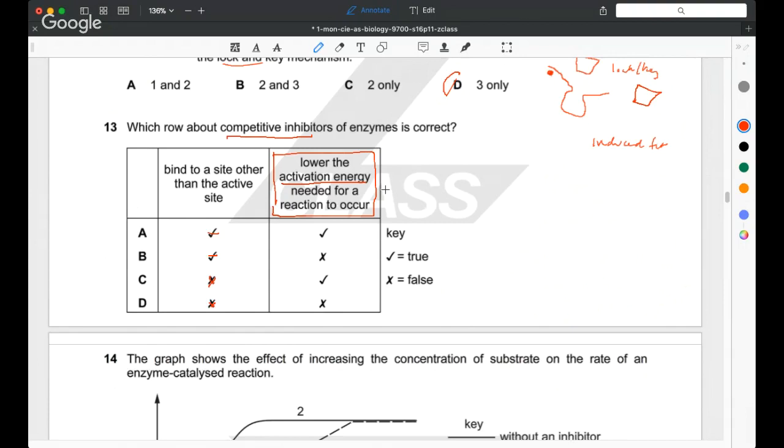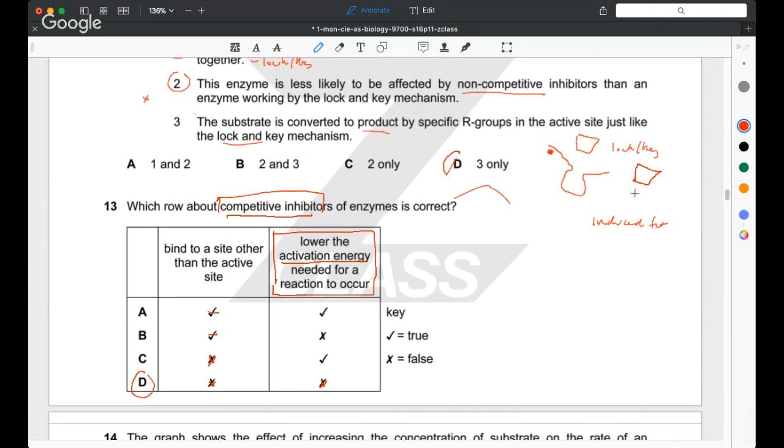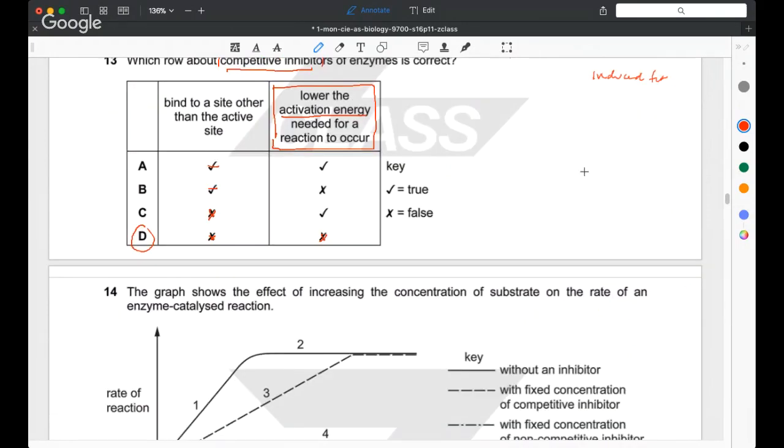So lowering activation energy is certainly part of the way an enzyme catalyzes a reaction, but it's nothing at all to do with the competitive inhibitors. And so you're getting 2 crosses there to give you answer D. The competitive inhibitor has a similar size and a similar shape to the substrate, so it can compete for the binding of the active site.